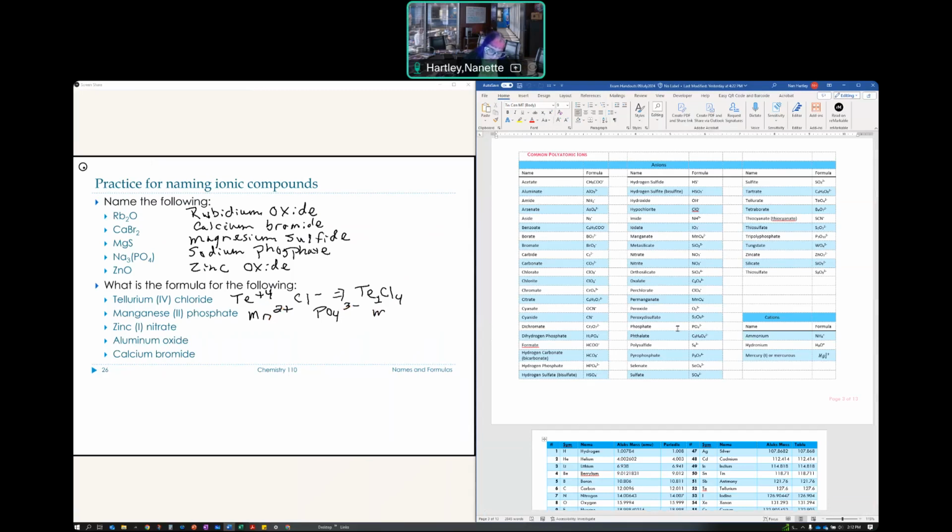I'm going to write Mn3 (PO4)2. So if I multiply the 3 times 2 and 2 times 3, plus 6, minus 6, so we're electrically neutral, therefore Mn3(PO4)2. Okay?